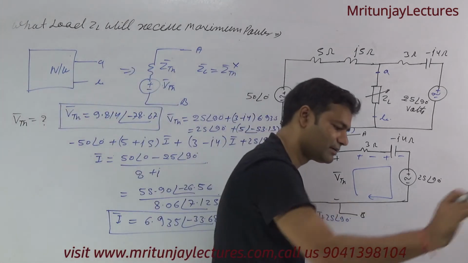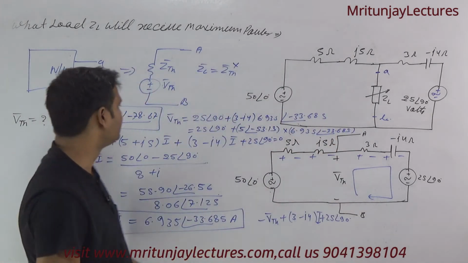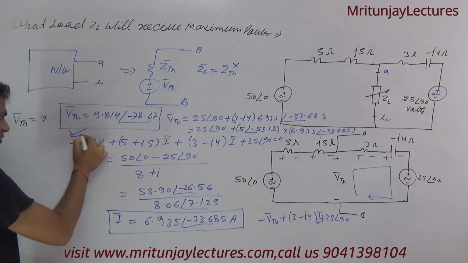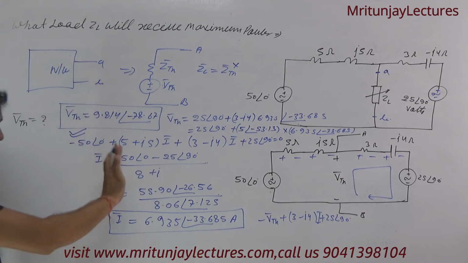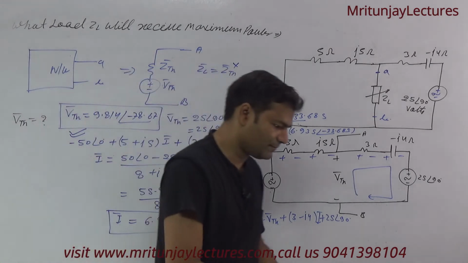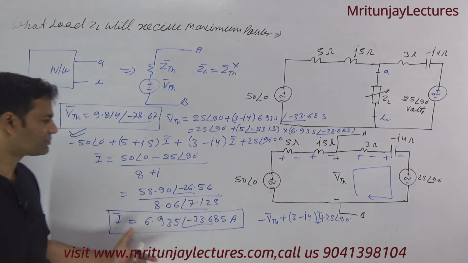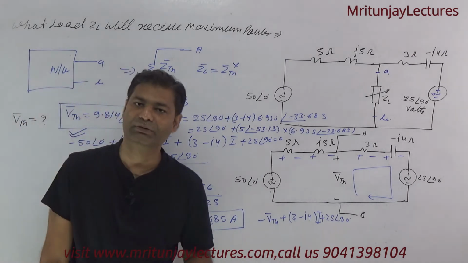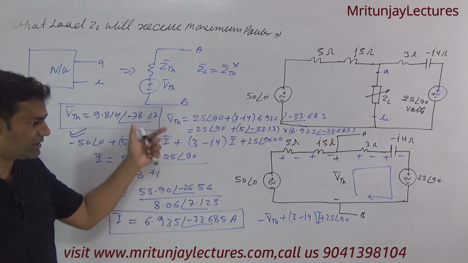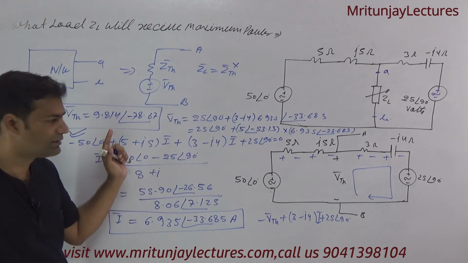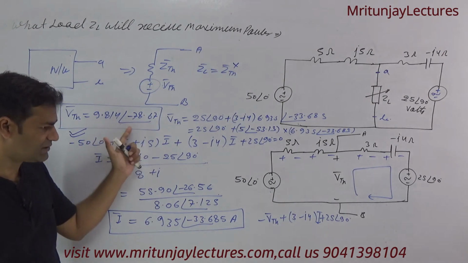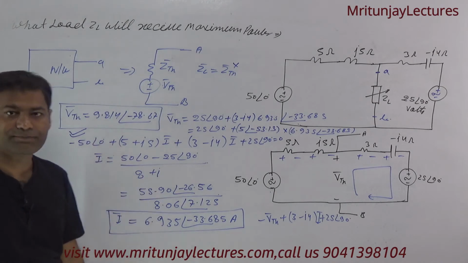So first of all, make and determine VTH. Is this one right or wrong? This procedure is right, but what about the calculation? Maybe there is a calculation mistake. That's why please first of all check whether this answer is right or not.